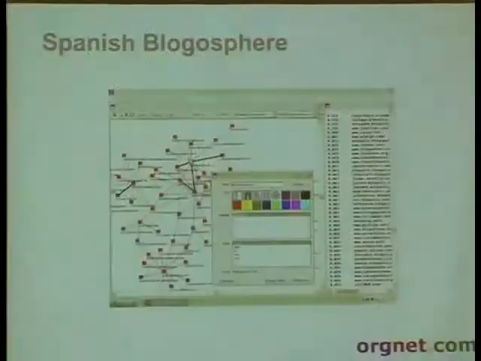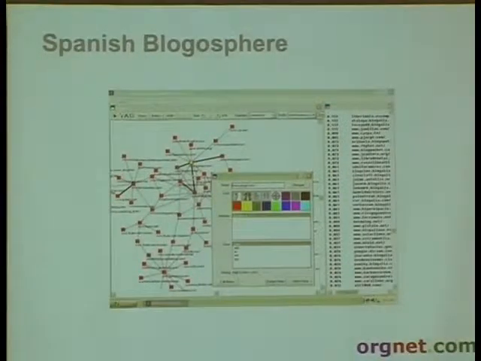I did some work with this academic in Spain who had gathered data on the Spanish blogosphere. He had gotten data on about 1,000 different blogs mostly in Spain, but these are all blogs that use the Spanish language as the main language.